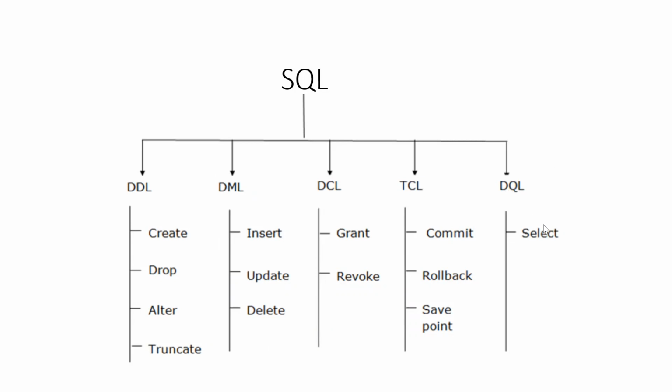And the main thing is we are not updating any table's data by this select query. Whatever manipulation on top of data we can do should be only in DML. This is a very important concept. By DQL, we are not going to update any table's data. We can visualize the data in our own way.